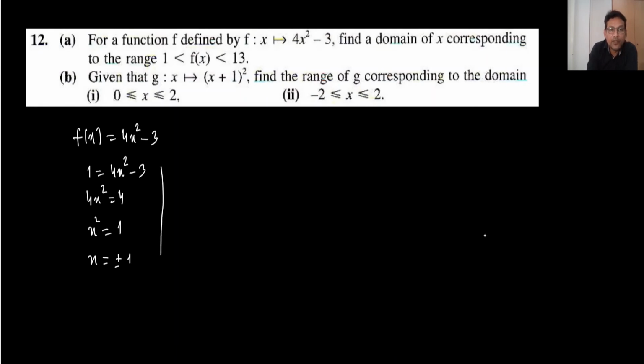And when we write 13 equals 4x squared minus 3, 4x squared equals 16, x squared equals 4, and x equals plus minus 2. Now we need to find the domain, and the range is given here.